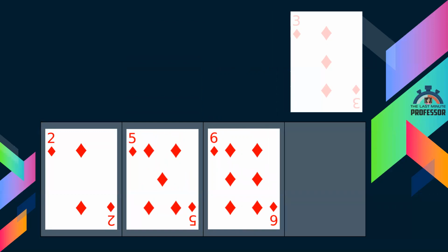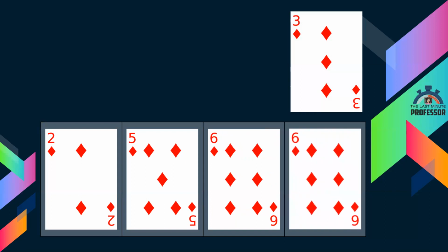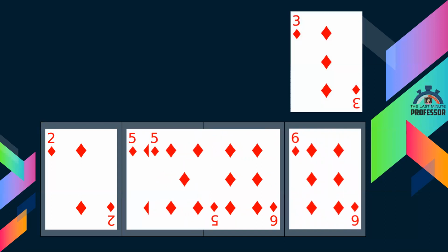So pick the card 3. Now compare the picked card 3 with the cards in hand in reverse order, as we saw. So we'll be comparing 3 with 6, 3 with 5, 3 with 2. 3 is less than 6, so we need to copy it to the next index. We compare 3 with 5. 3 is less than 5, so we copy.